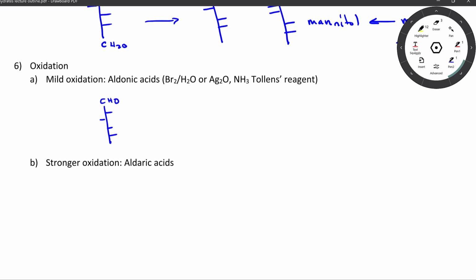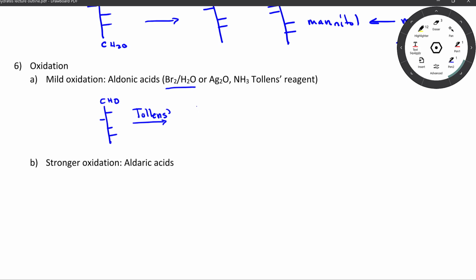So that's Tollens' reagent, or you could do bromine water as well. That's Br2 in water. So this is Tollens'. It's got ammonia and other components. The way it's prepared is with sodium hydroxide, ammonia, and silver nitrate. But it's easier just to write Tollens' reagent.